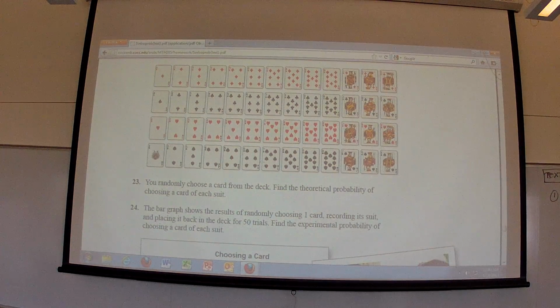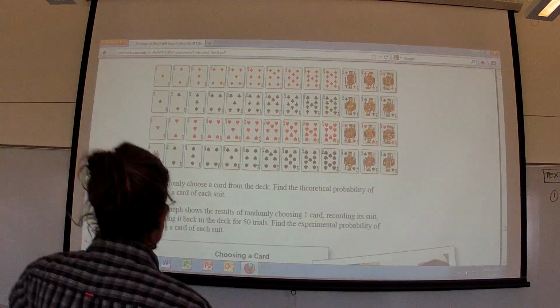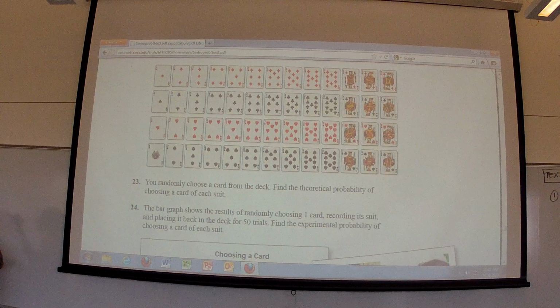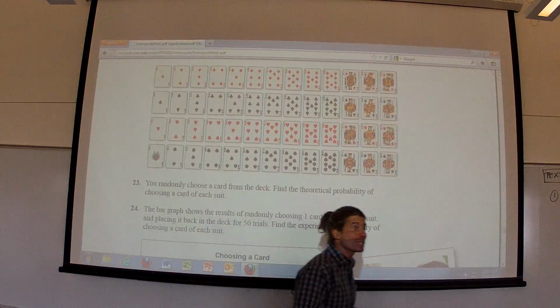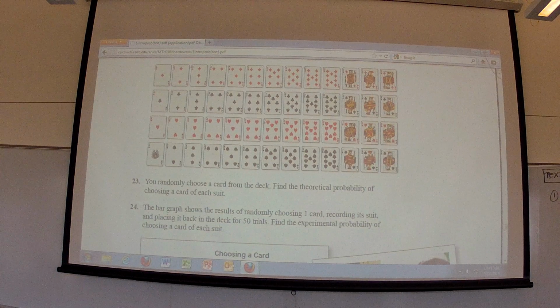The theoretical probability is 25%, that's theoretical classical, and you know that because there are 4 suits in the deck. So 23, the theoretical is 1/4.